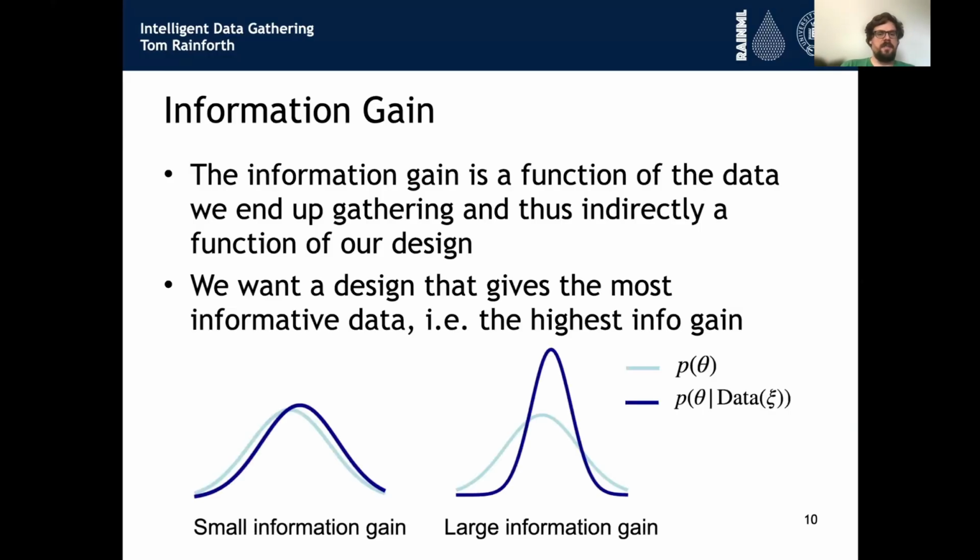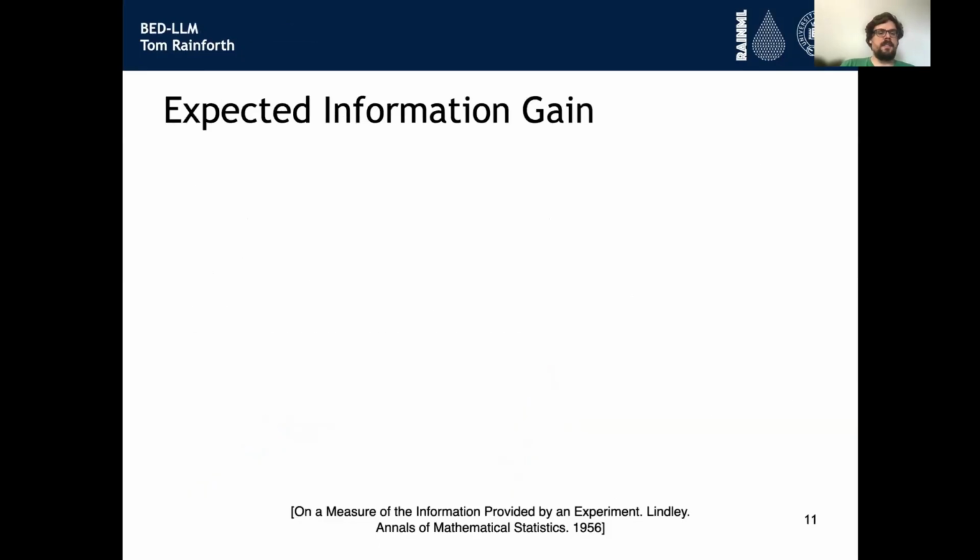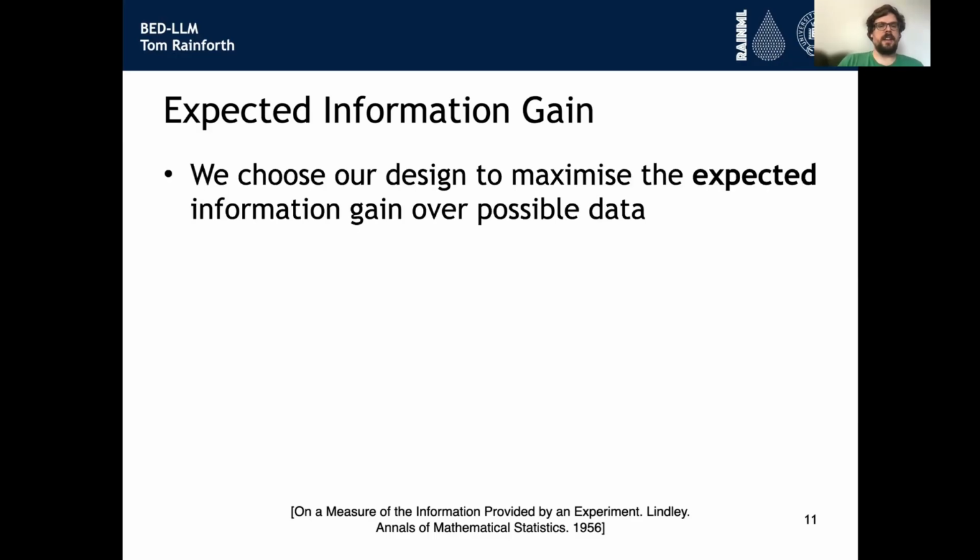Okay, so we've got this notion that we want data that gives us lots of information gain, i.e. a good collapse of our posterior entropy, and therefore we want designs that give us data that have this high information gain. Obviously, though, when we're making our design decisions, we don't actually know what data we're going to see, so we can't directly target this information gain. So what we target instead is what's called the expected information gain.